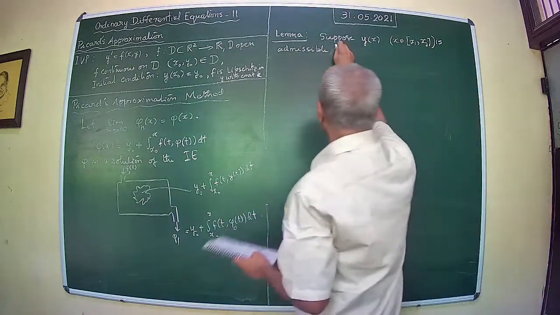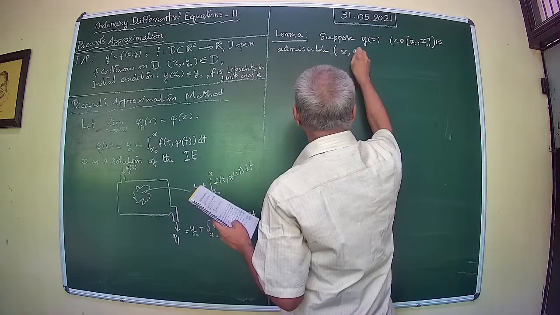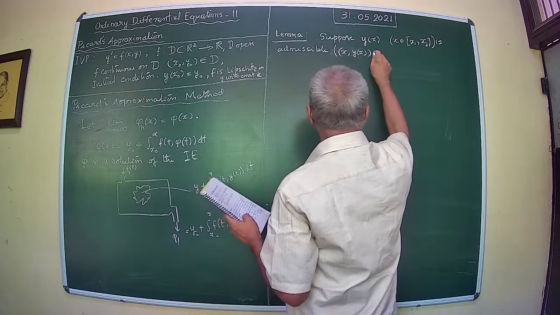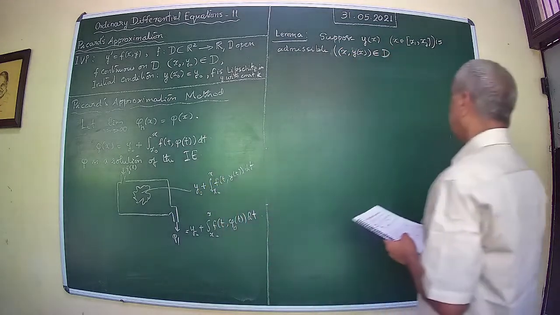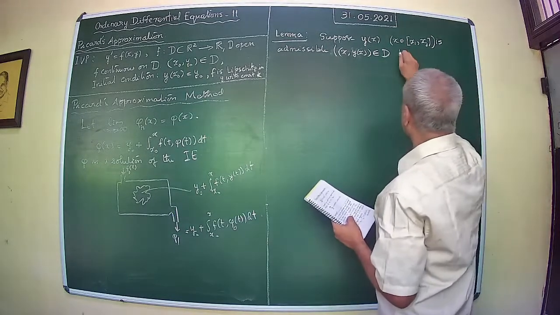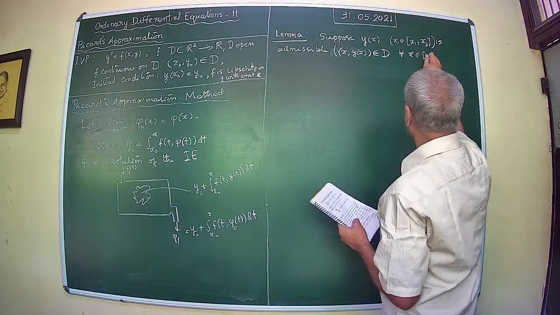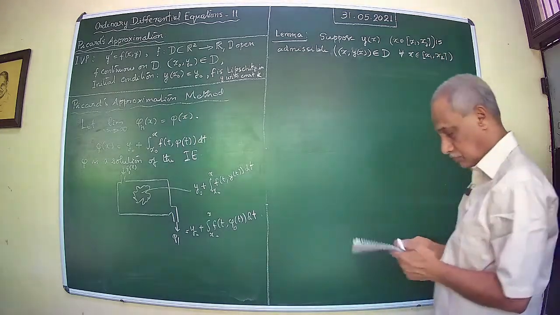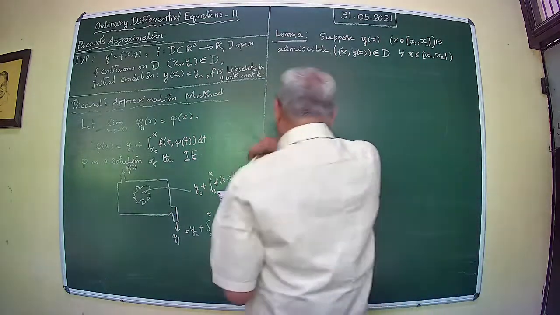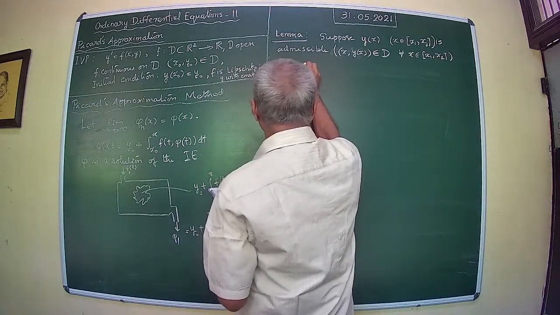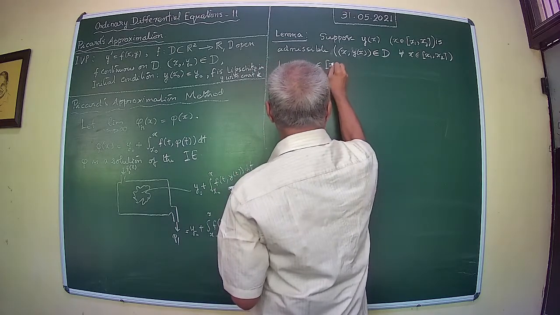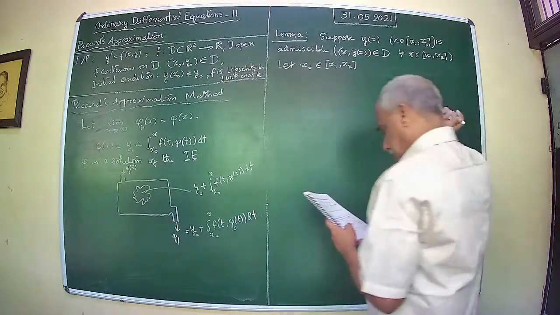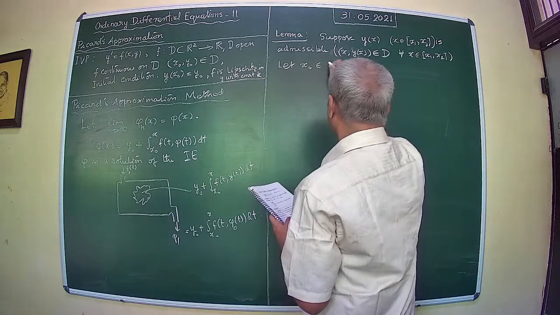That is, the meaning of this is that x, y x belongs to D. I will take it as, it could be even an endpoint, doesn't matter.